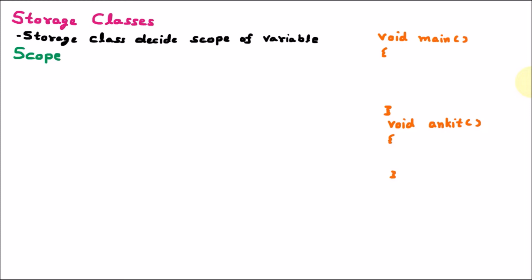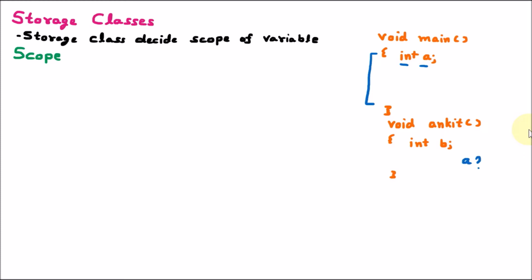Now assume that inside the void main, I am declaring one variable. Let's say I am saying here int a. So here is one variable declared. And inside the Ankit, I am declaring one more variable. Let's say int b. Now here after declaration, I want to know that if I have declared one variable, let's say int a, which is inside the body of main, can I access this variable a here?